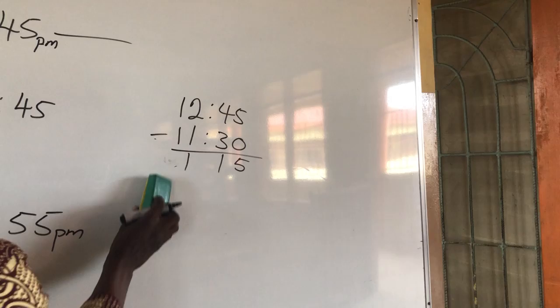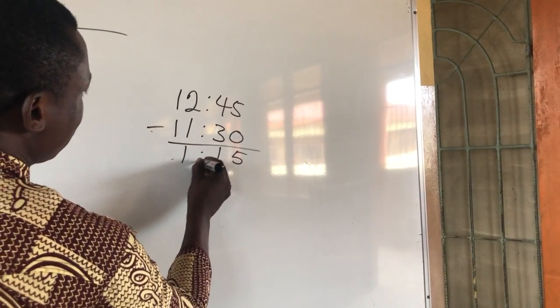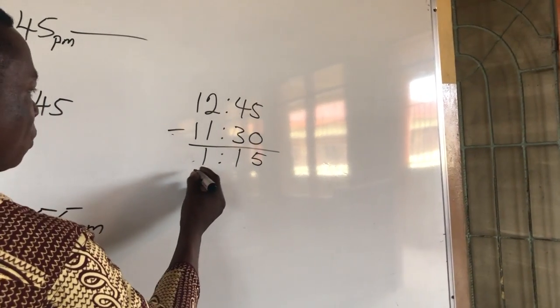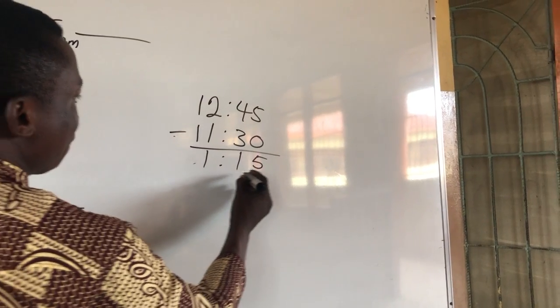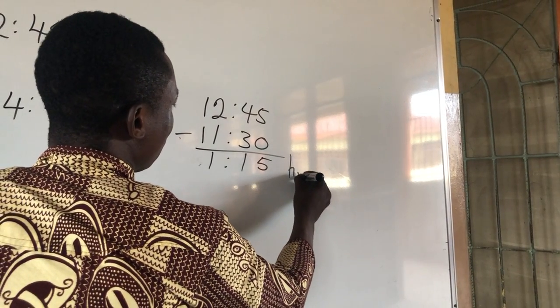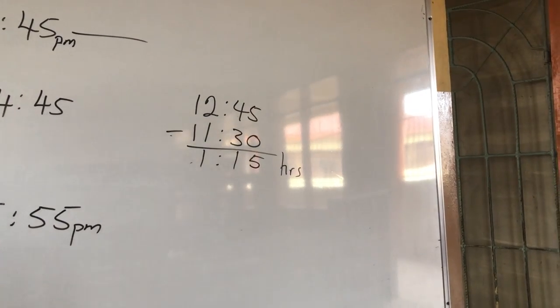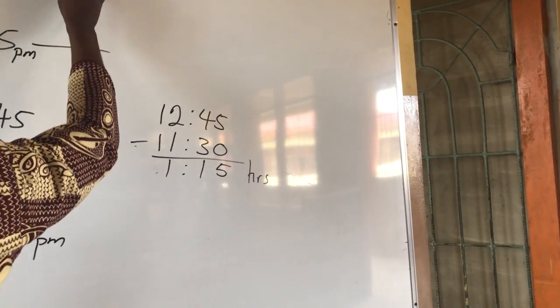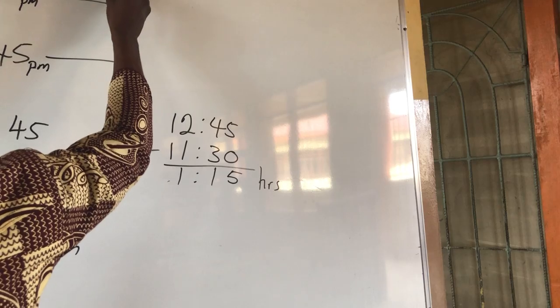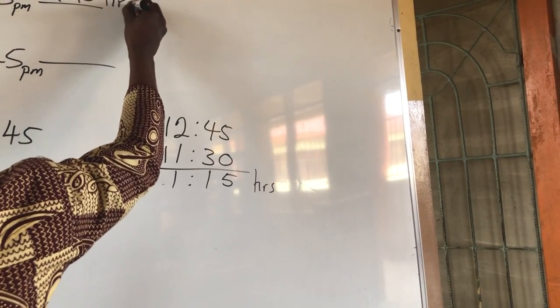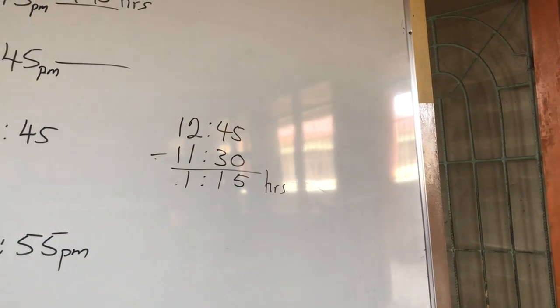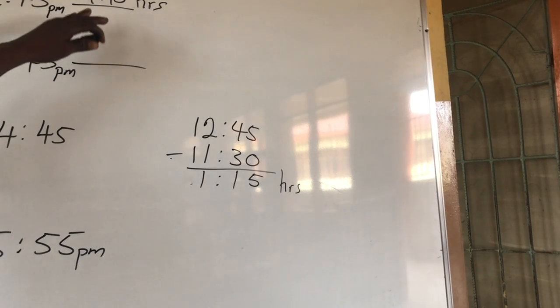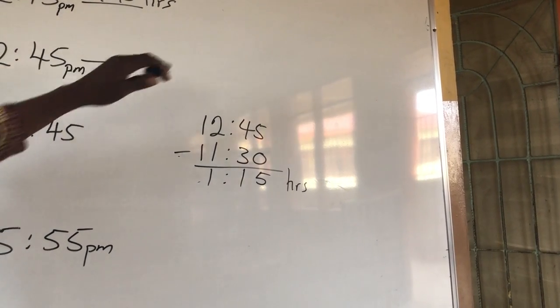Now, this is telling you that your mommy spent 1 hour 15 minutes. So you quickly write it here. But we are doing our calculations in what? Hours. So this is 1 hour 15 minutes.